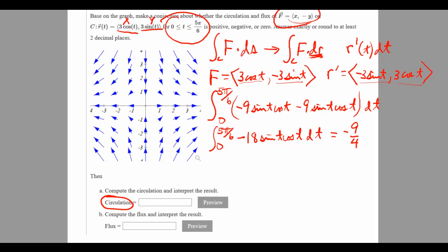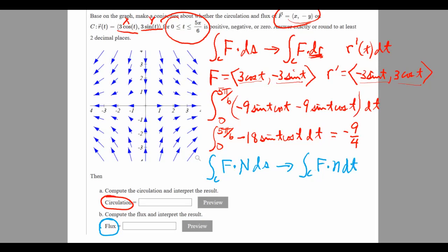So in the next calculation, flux, the definition for flux is we want to do F dot capital N ds. Our working definition for the sort of situation that we have is we do F dot any normal vector dt.